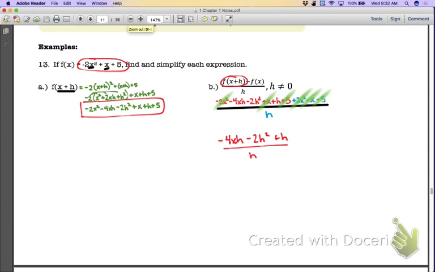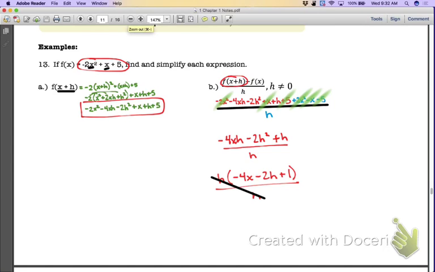Now, what else can I do? I can factor out an h, or I can just cancel everything out, right? It doesn't matter to me how you do it. If you would rather factor out an h and have negative 4x minus 2h plus 1, divide by h, and then cancel everything there, that's fine.